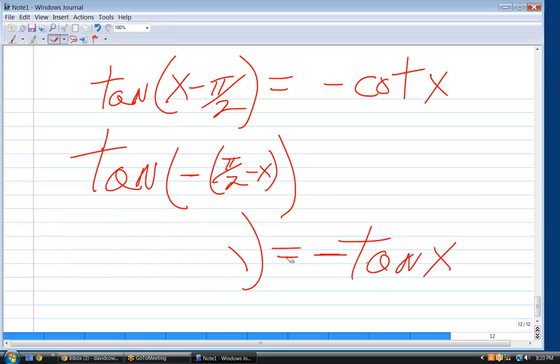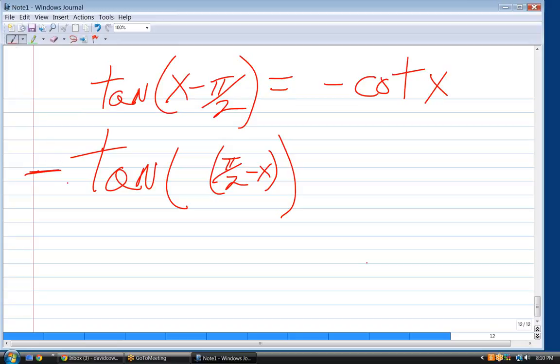Well, notice that I can take that negative sign right there and put it in front here because of that. Now, I don't need that set of parentheses. And I know that the tangent of pi over 2 minus x is the same as the cotangent of x. So minus the tangent of pi over 2 minus x is the same as minus the cotangent of x.